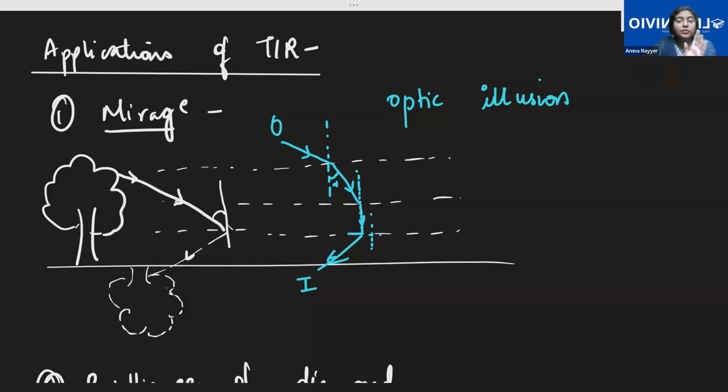One of the best examples is not this tree but the desert example. In the desert, water appears, which creates a lot of confusion among people, and they travel distances to reach that point to take up the water. But nothing appears there. It's just plain sandy ground, and that's actually the reflection of the sky which they are able to see. So this is one of the applications.